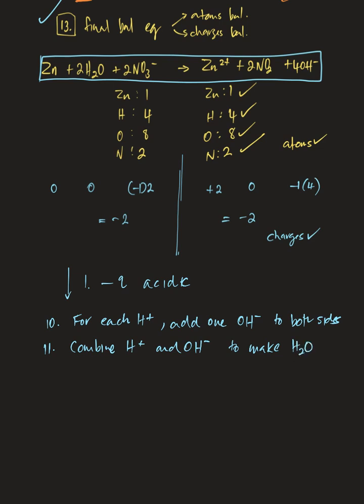Sometimes it could be on both sides or one side, and that's fine. Then once you've got your H2Os on both sides, you can do step 12, which is to subtract the H2Os from both sides.